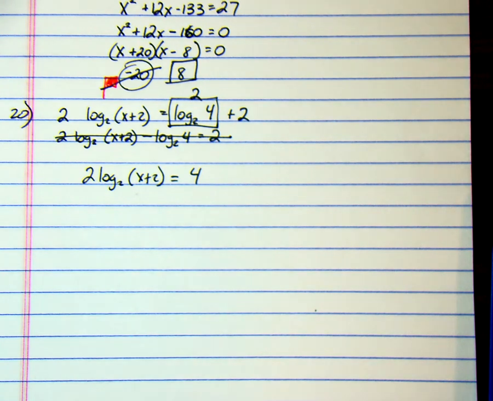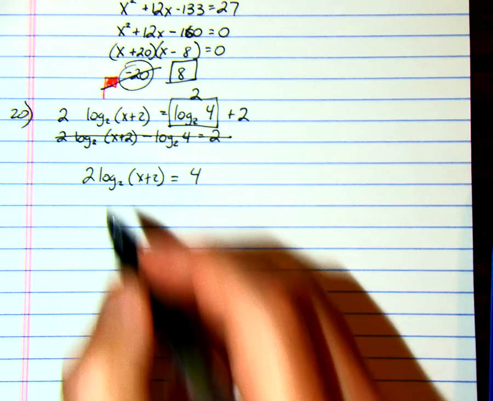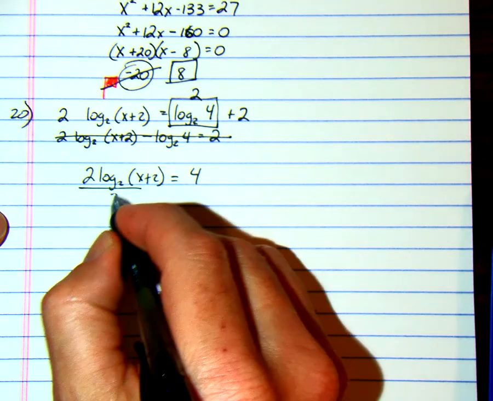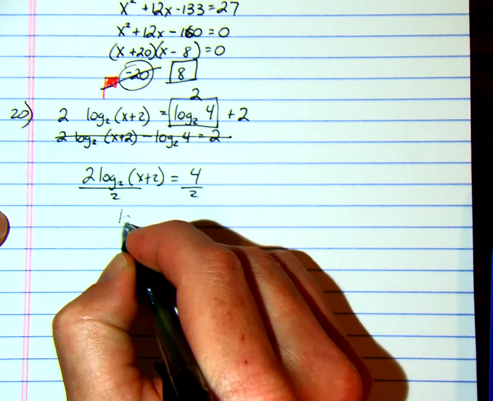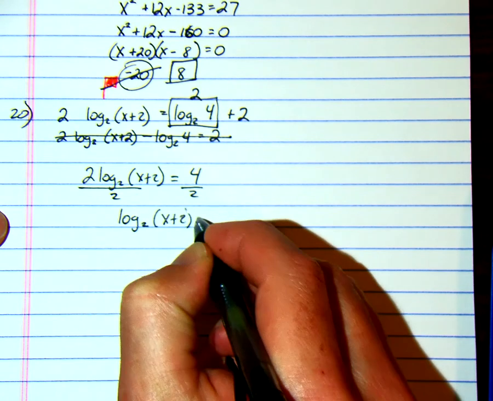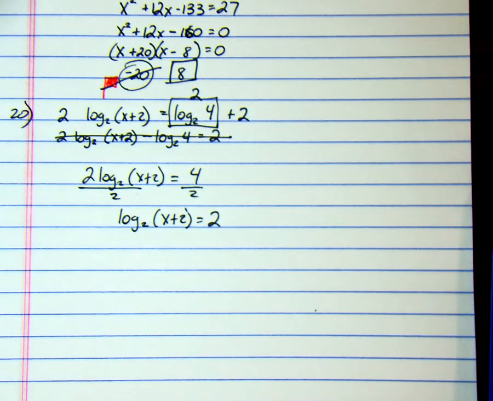Okay? So now we have to get this by itself. So in order to get this by itself, we're going to subtract that 2 over. So now we're talking about the log base 2 of x plus 2 equaling 2. And now the logarithm is isolated and we can work with it. Okay?